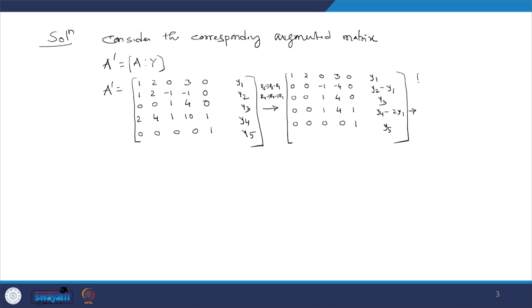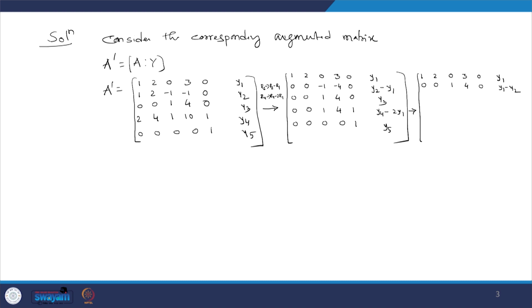If I do it, then I am getting 1, 2, 0, 3, 0, y1, as it is. I will do R2 divided by minus 1, so 0, 0, 1, 4, 0, and we will have y1 minus y2.